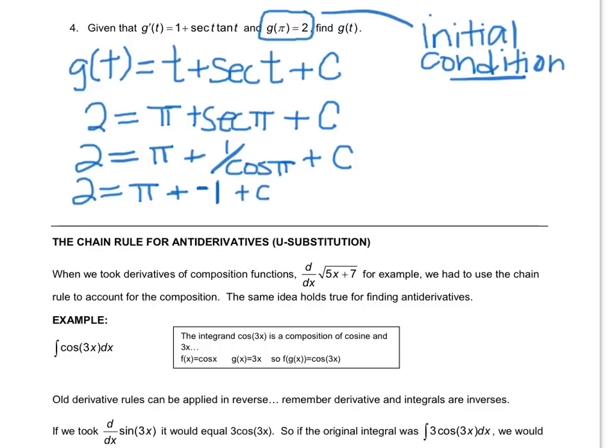Now the whole purpose here is to solve for c. If you add the 1 over to the other side, 2 and the 1 makes the 3, and you would subtract pi to the other side. So you have 3 minus pi is your c value.